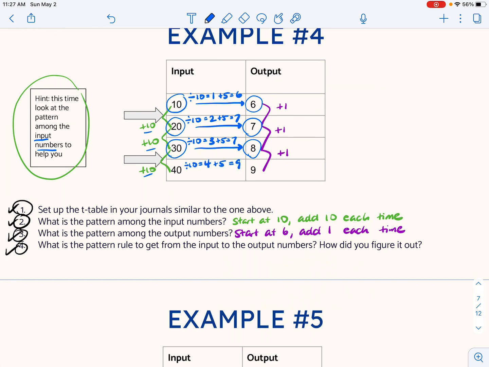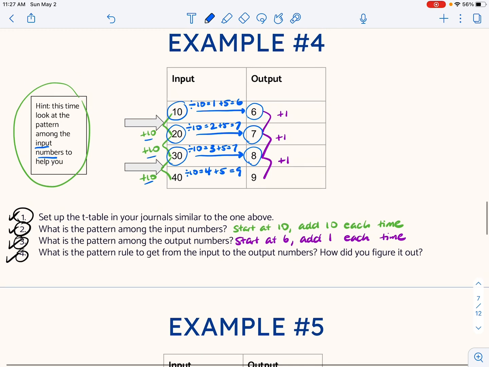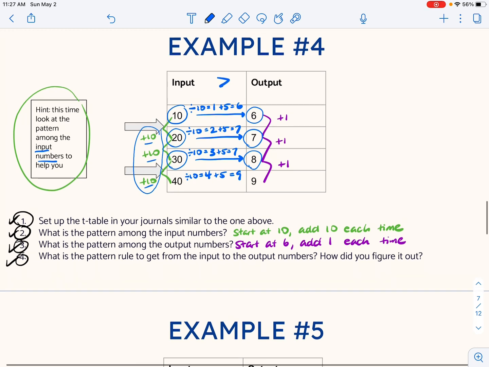We add 5. So in this case, because the input is significantly larger than the output, it's good to try the division. But the hint here was that there is some sort of pattern going on with the input numbers, which was going to help you more in determining what the pattern rule is.